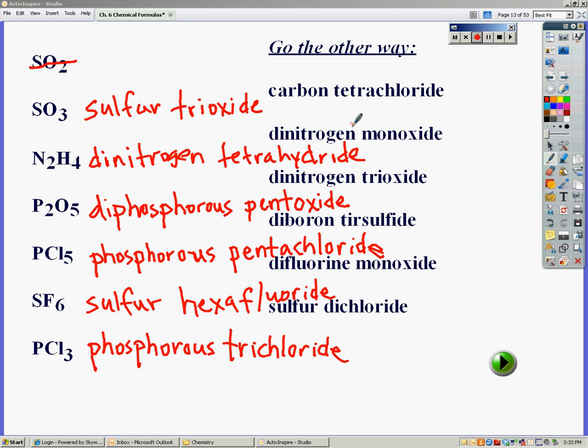Okay? The next compound, dinitrogen. Di means 2, so we have 2 nitrogens. Monoxide, mono means 1, so we have 1 oxygen.